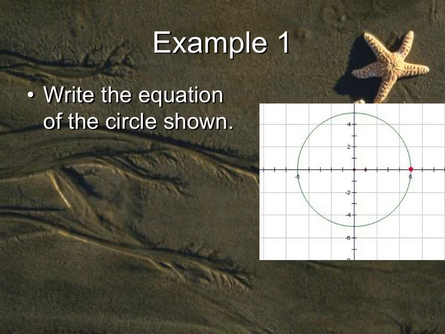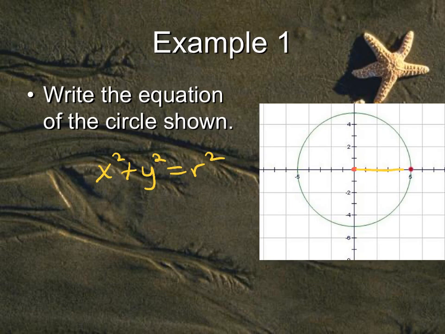Here is an example. Notice the center of my circle is here at the origin. It's at 0, 0. So this tells me the equation I'm going to be using is x squared plus y squared equals r squared. All I need to do is figure out the length of my radius. I have my circle on my coordinate plane, so all I have to do is look for either a horizontal radius or a vertical one.